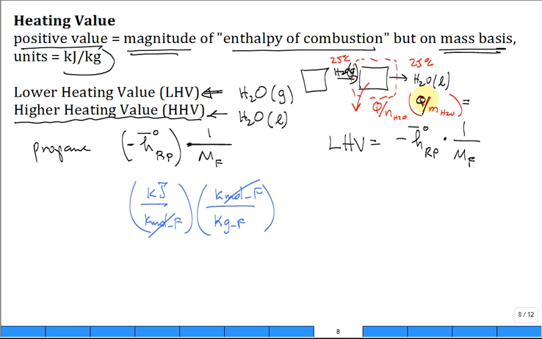How many kilojoules of heat have to be transferred per kilogram of water that's condensed in the control volume. It's going to be hfg, that heat of vaporization at 25C, which is right at 2400. It comes straight out of the steam tables.